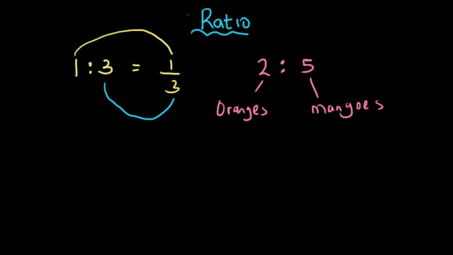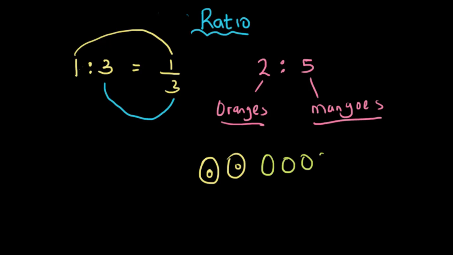It means I'm comparing the number of oranges in a bag to the number of mangoes. What this means is that for every 2 oranges I have in the bag, I have 5 mangoes. So for every 2 oranges, let me put O for oranges, I have 5 mangoes.